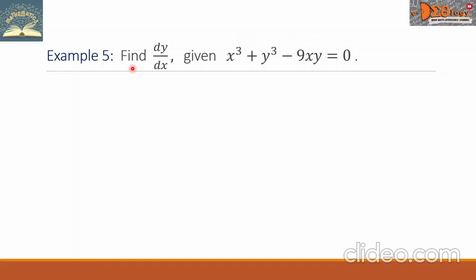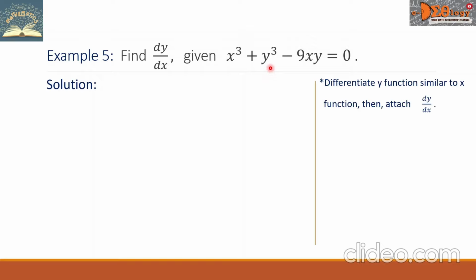Example 5. Find dy over dx given the function x cubed plus y cubed minus 9xy equals 0. We have three terms on the left side equals the right side is 0. The first term is a function of x, second term is a function of y.